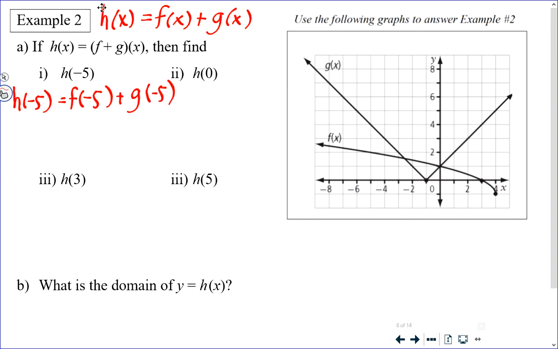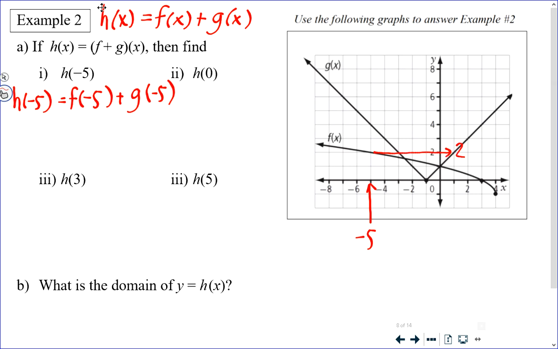So what does f of negative 5 mean? It means, what is the y-coordinate on the graph of f when x is negative 5? We don't have an equation that we can put negative 5 into, but we do have a graph that we can put negative 5 into. And when I put negative 5 into the function f, what comes out is 2.